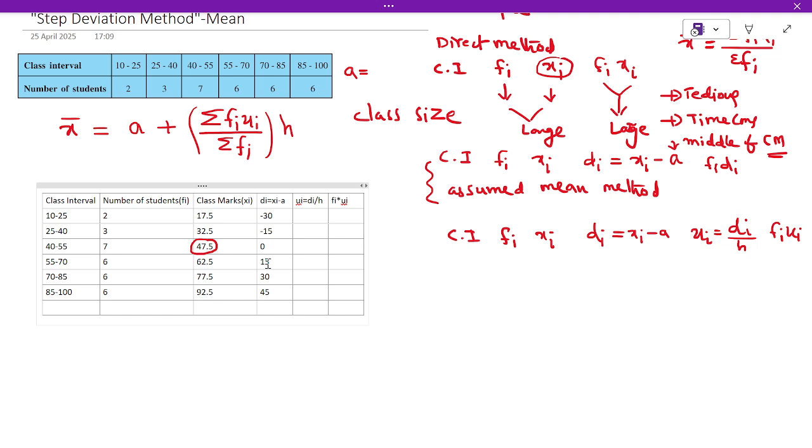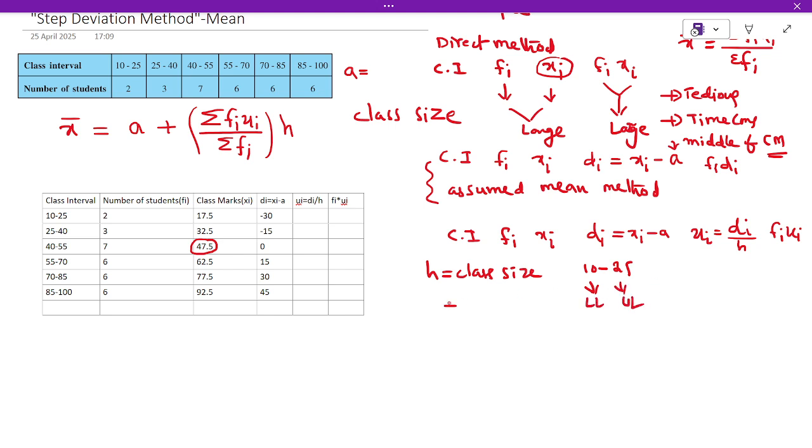Now here comes the step deviation method. How will you find the class size? Here h represents the class size. How do we find the class size for a given class interval? Consider any class interval, let's say 10 to 25. We know this is the lower limit and this is the upper limit.